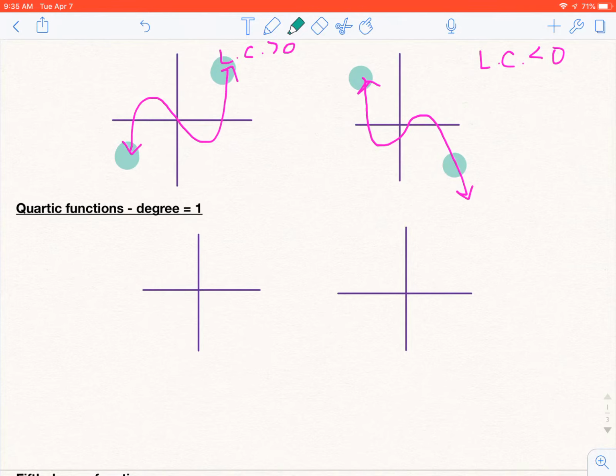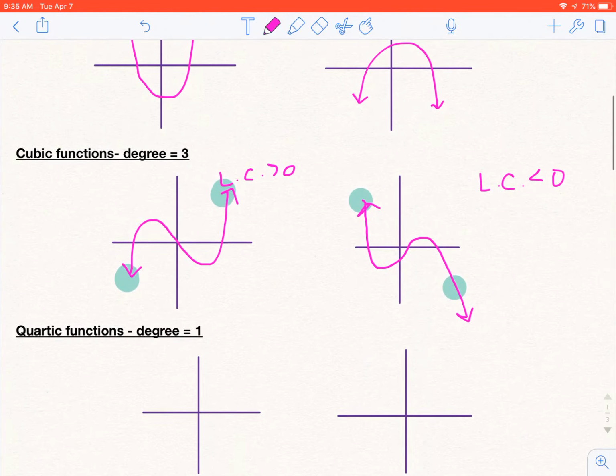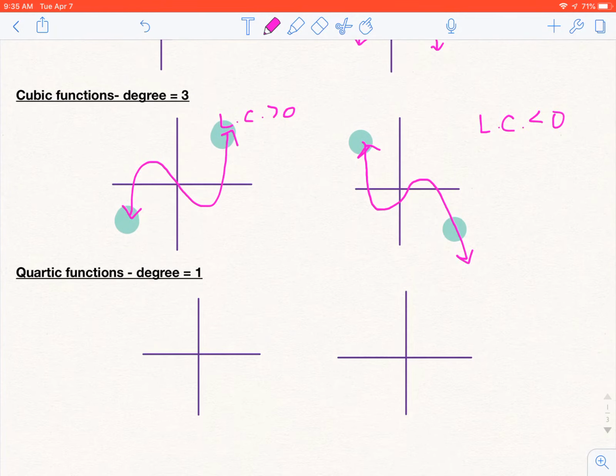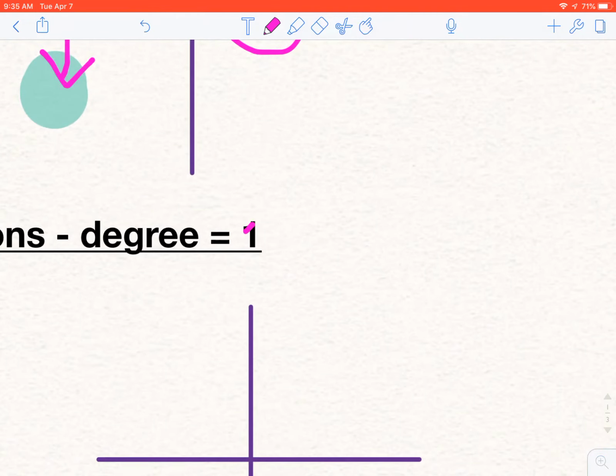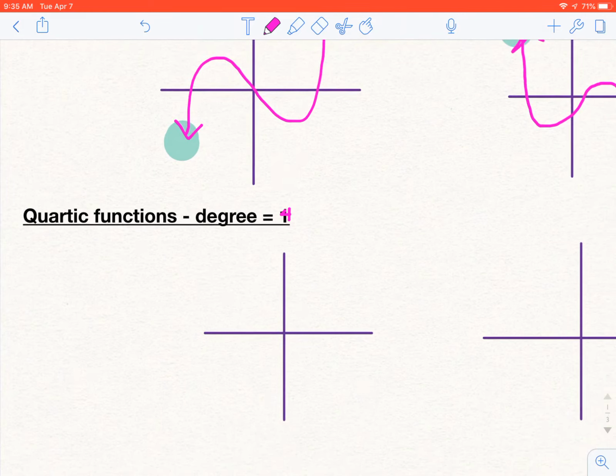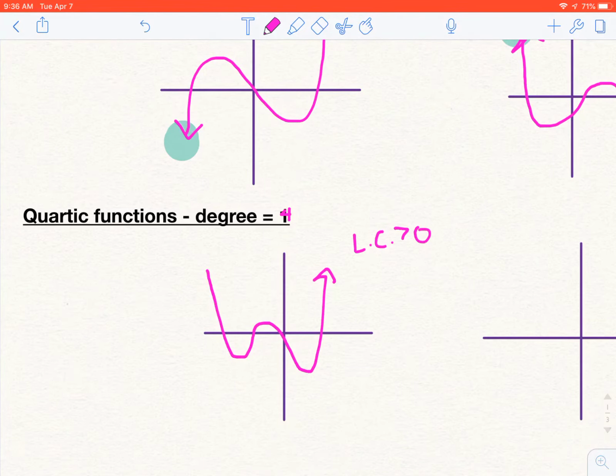Okay, when I had a quartic, which is, oh, why does that say degree 1? This should say degree 4. Degree 4, not degree 1. Okay, so when the leading coefficient is positive, it's going to open up. So it's going to go 1, 2, 3, 4, and it's going to look like this.